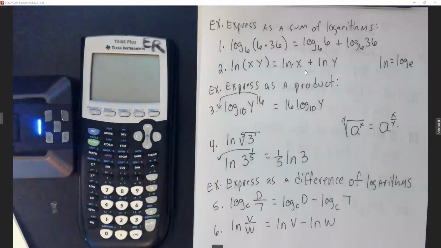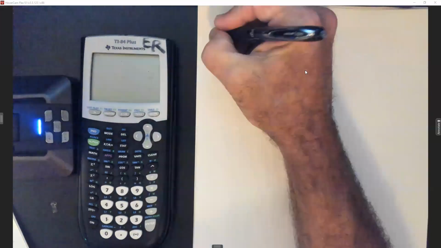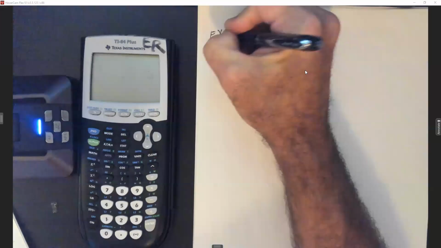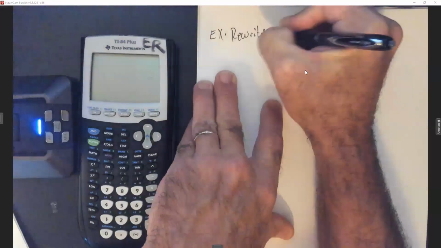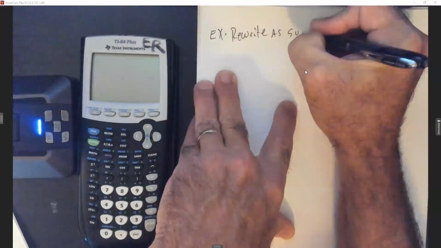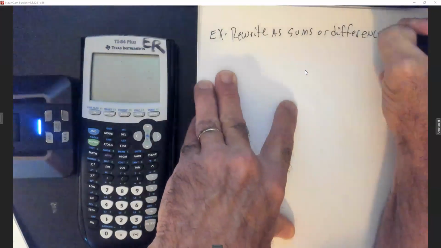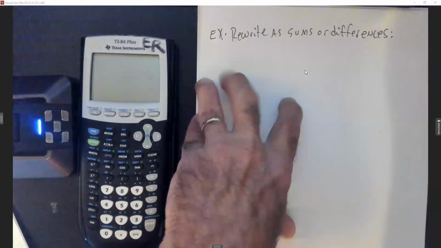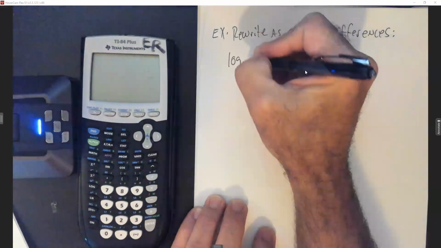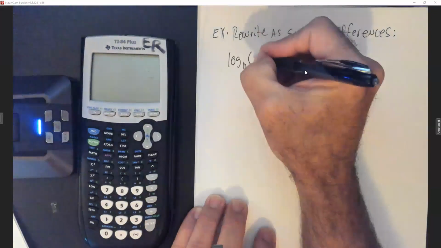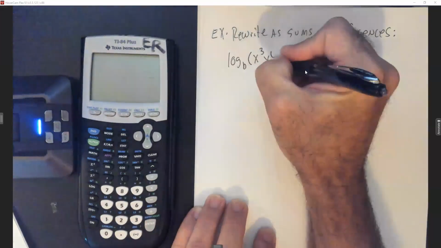All right, so that page not too bad, but then they start turning it up a little bit. And this one they say rewrite as sums or differences. So I got a log base b of x to the 3rd times y to the 6th times z.